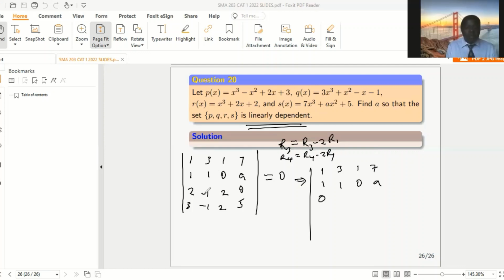This by 2 from there, I have -7. This one by 2 from there, I have a 0. This by 2 is 14. From that, I have -14. Let me just write it properly.